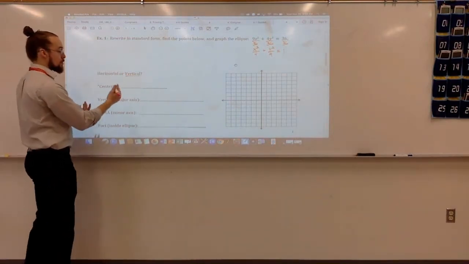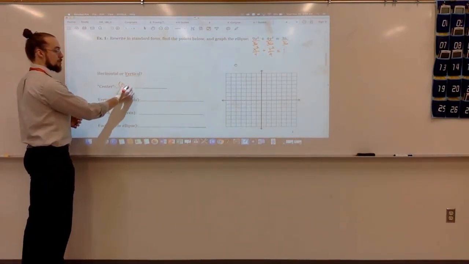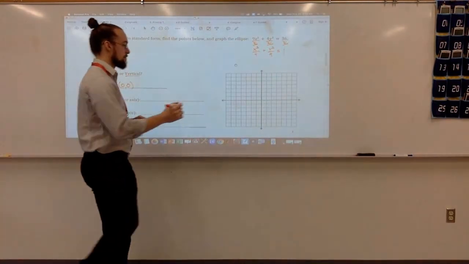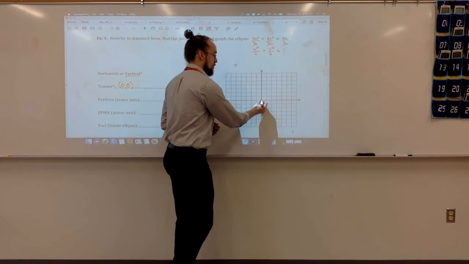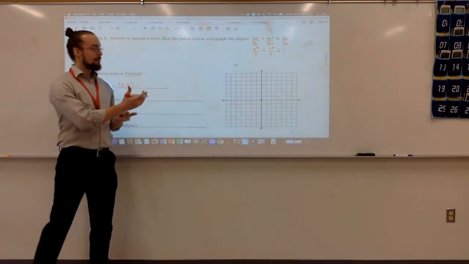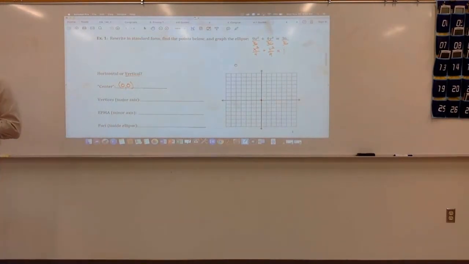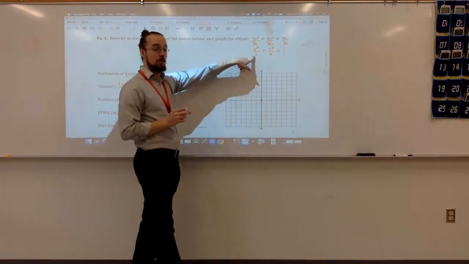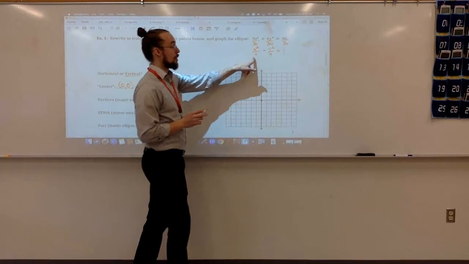Now, for these first few examples, our center, we're saying, is always at 0, 0. So now, from my center, how far do I need to go left or right? I'm going to go 2 to the left and to the right, okay?